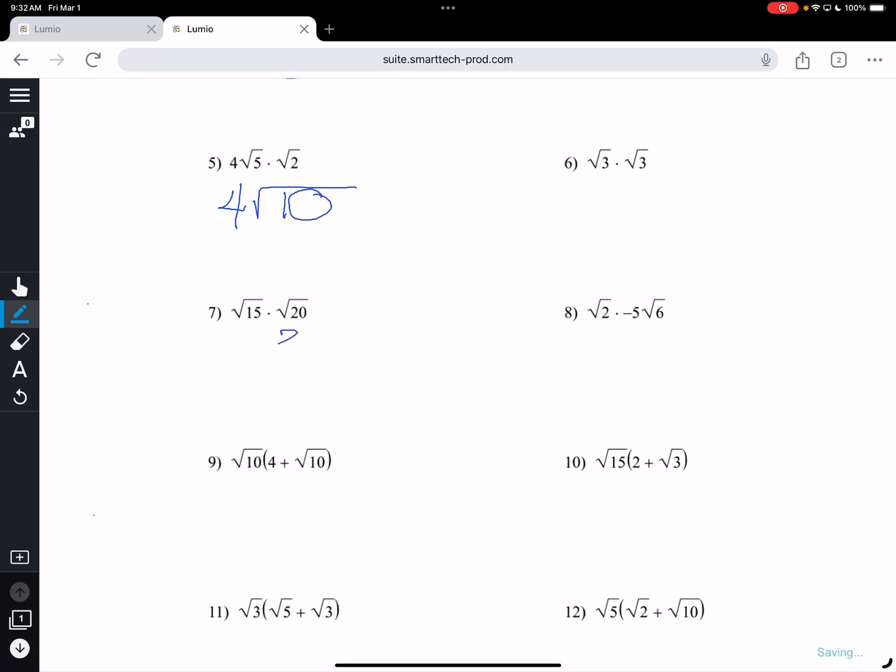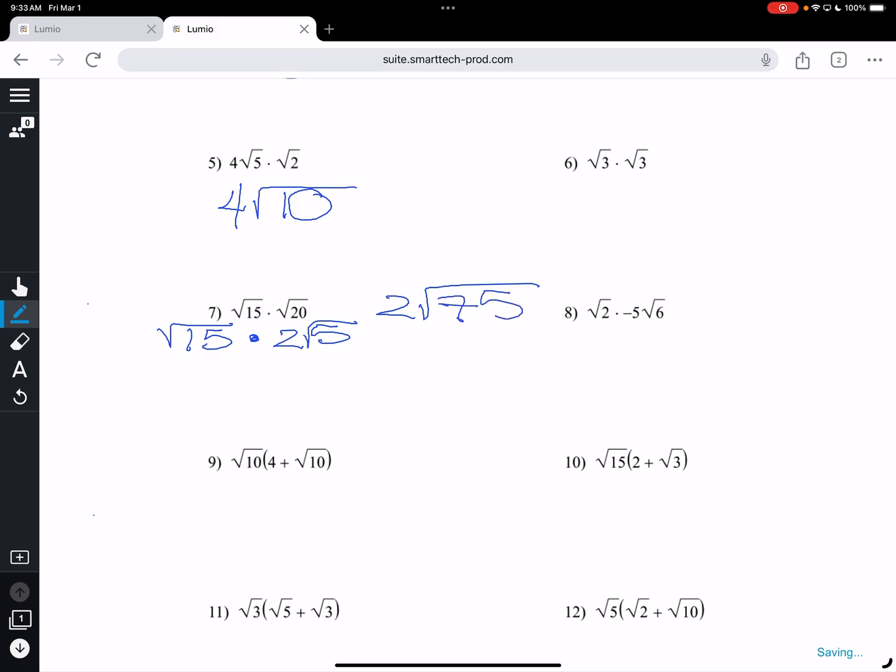So that gives us 2 radical 5 times radical 15. Now we're still going to have a big number. So what would radical 15 times 2 radical 5 be? 2 radical 75.